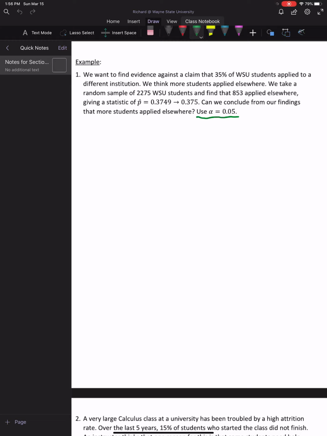Okay, so first things first, step 1 is to build the hypotheses, okay? And so in this case, we have to think about what exactly this is dealing with. Is it dealing with means or proportions? Now, it was a dead giveaway because they told us about p hat, right? And so this is going to be surrounding p. Now the question is, which number do we use?